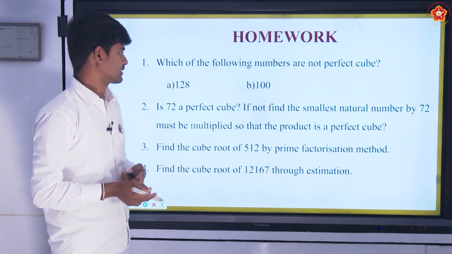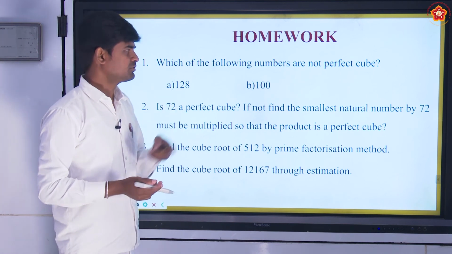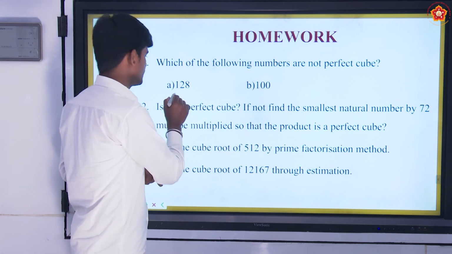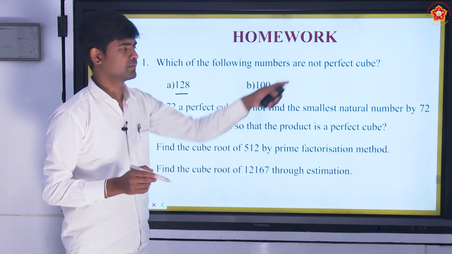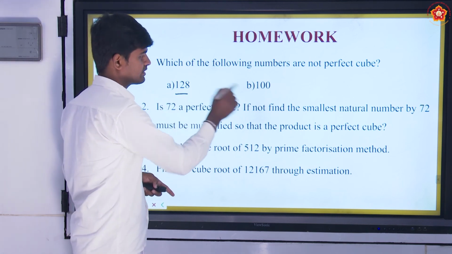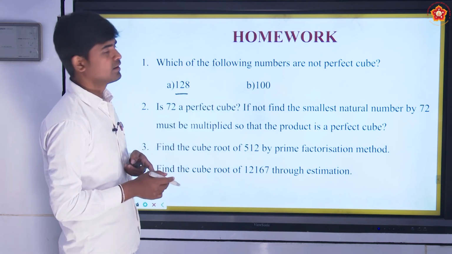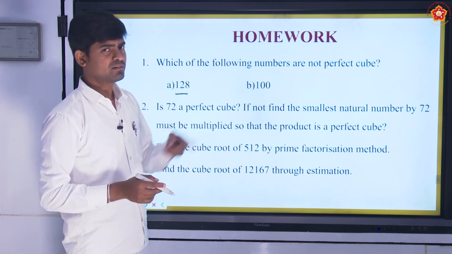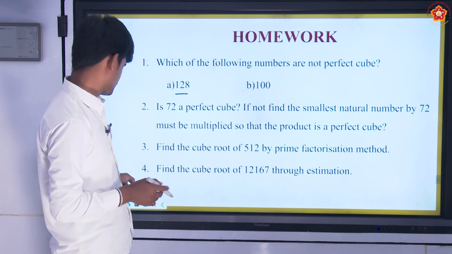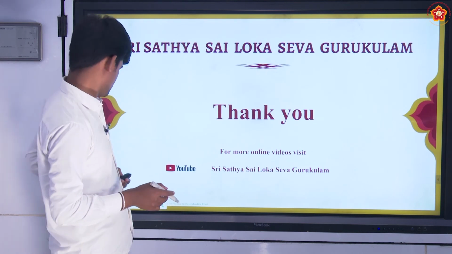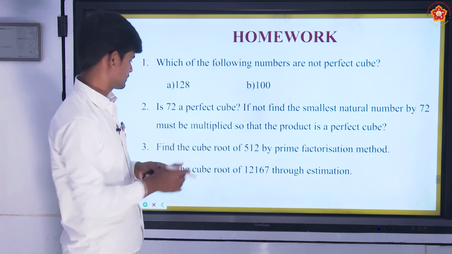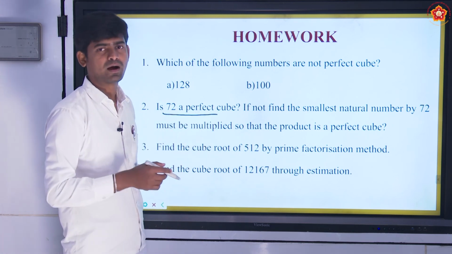Next, homework. First question, which of the following numbers are not perfect cubes? They give some numbers, 128 and 100. You have to identify which is not a perfect cube. Second one, is 72 a perfect cube or not?